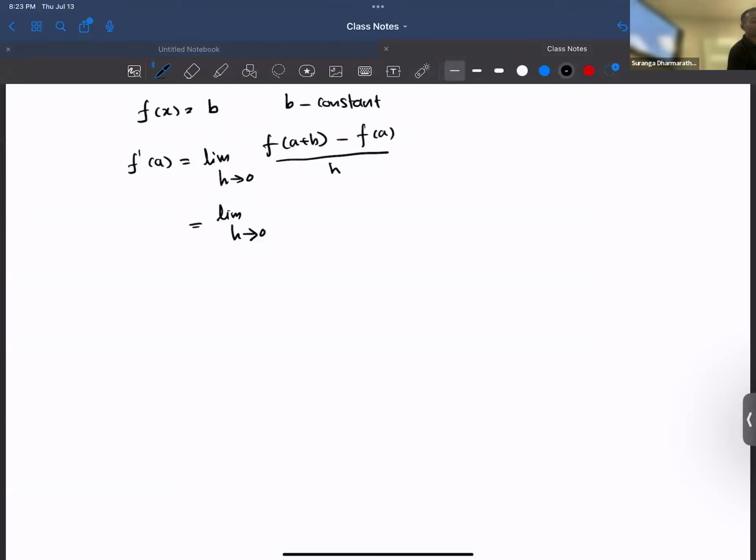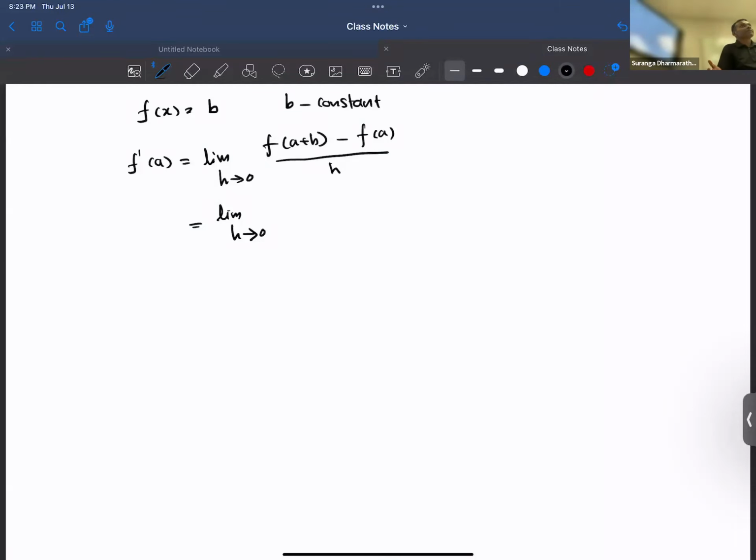But my question is, what is f of a plus h? Where do you substitute a plus h in f of x? If you have an x term, you substitute it. If you don't have an x term, you don't.